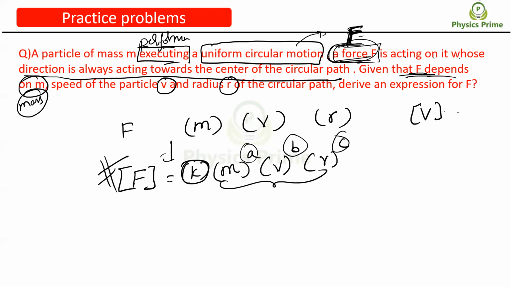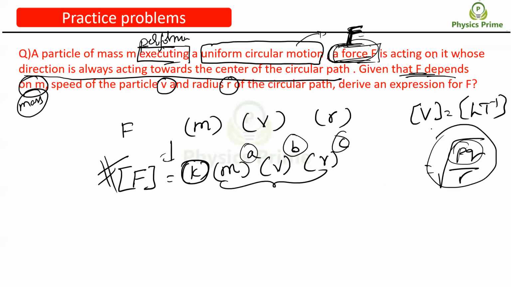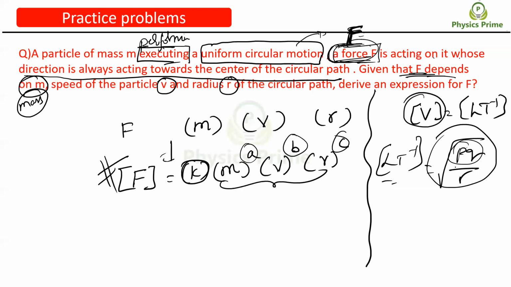Velocity dimension is LT power minus 1. Suppose velocity depends upon some terms like P, Q. How they depend we don't know, but if you simplify everything, you should get the velocity dimension, LT power minus 1. If we find A, B, C, we'll get the force also.